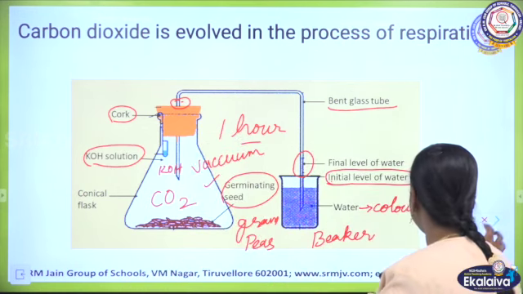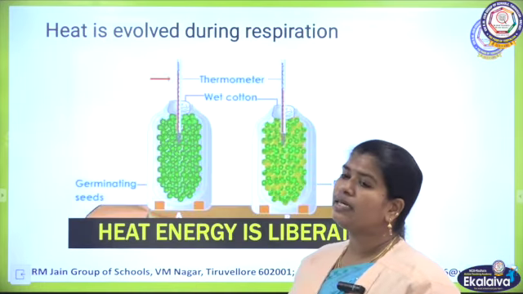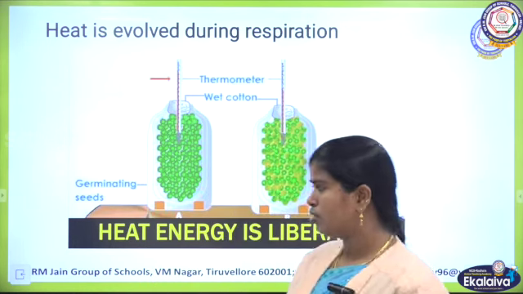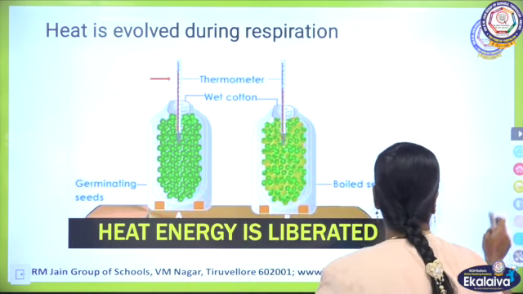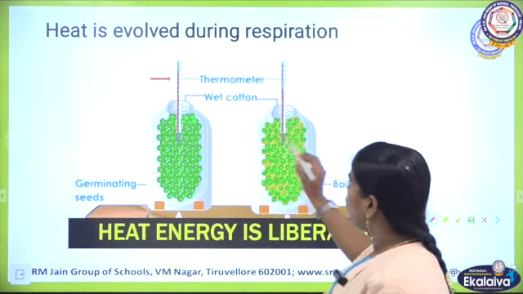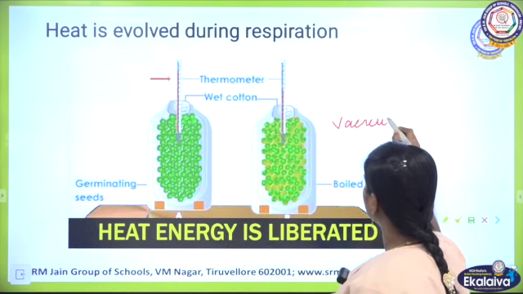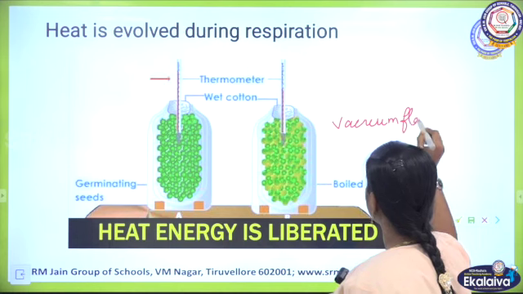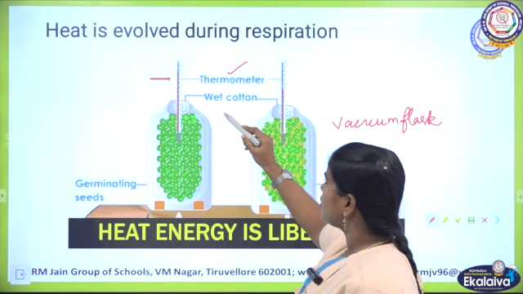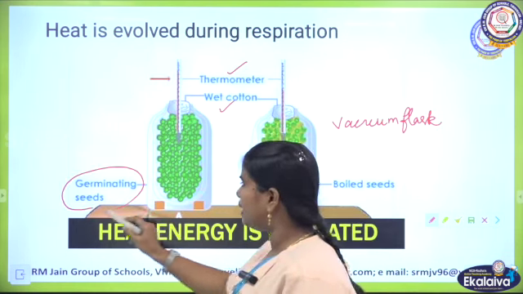Now I am going to explain the other activity, which proves that heat is evolved during respiration. For this activity, the materials required are a vacuum flask, and then we need a thermometer and wet cotton, and also some germinating seeds.